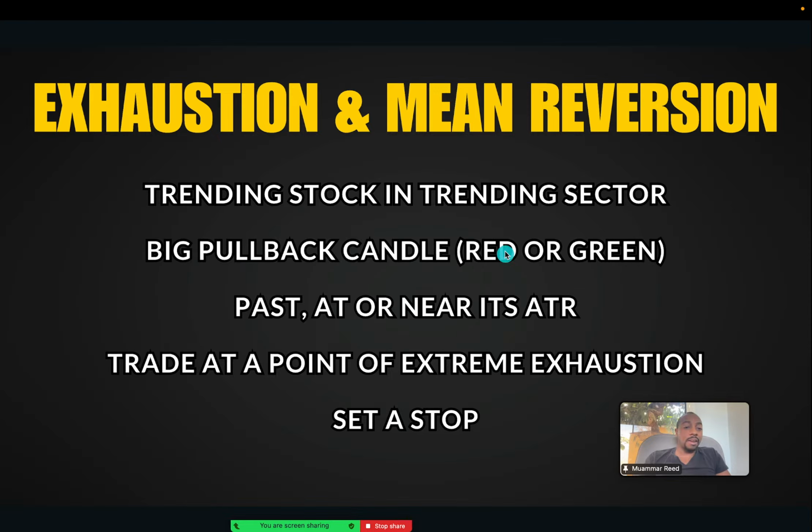If something is trending up and then we have a big red candle down, I'm looking for an exhaustion point to try and hop into the stock. If something is trending downward in a down sector and it has a big green candle, then I'm looking to short it or buy puts at a particular level if it has an up day, right? I'm looking for something that's past, at, or near its true range. And a true range is just a measure of volatility, right?